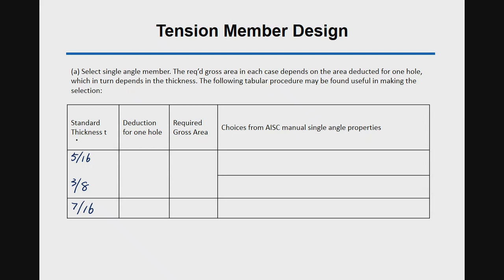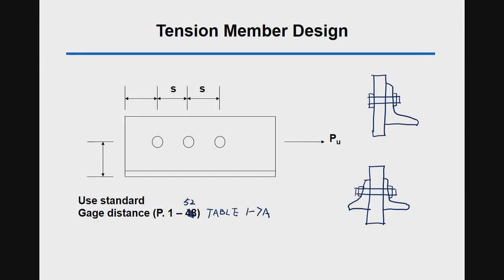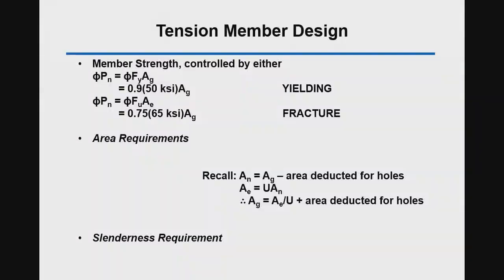The unit is in inches. And then the deduction for one hole, right? From before, we know that there's only one row of bolts, so only one hole is going to be deducted from the gross sectional area.